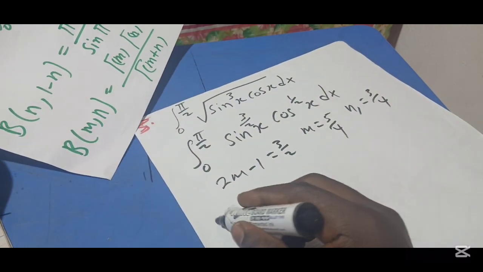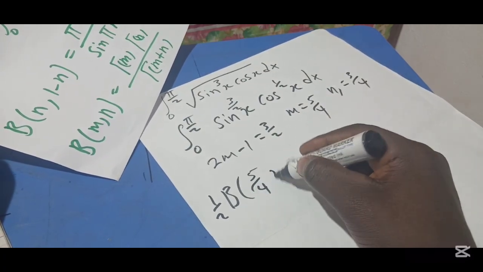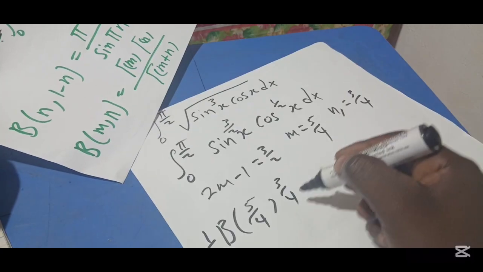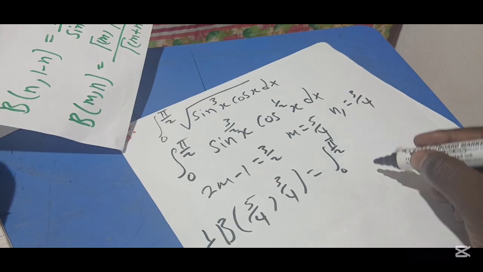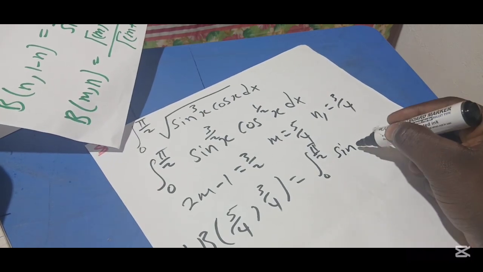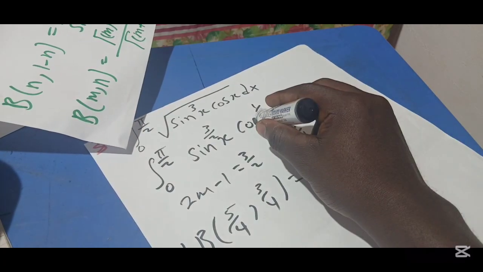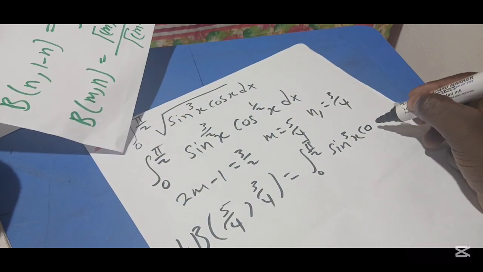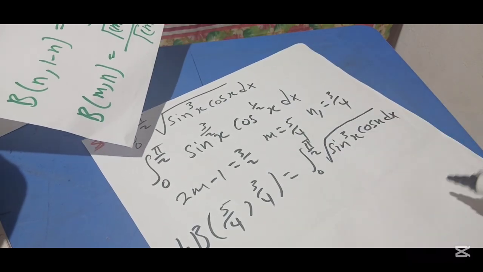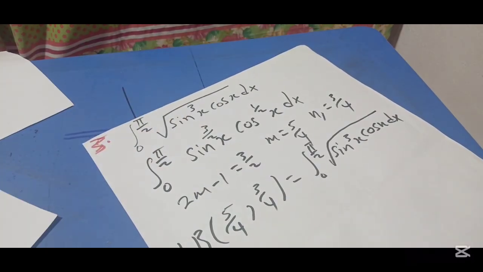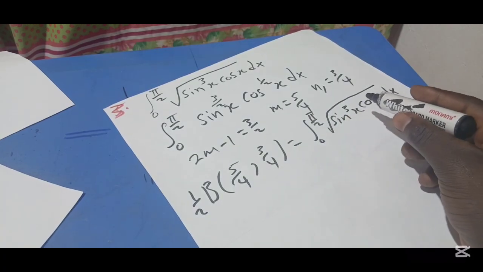So this tells us that half beta of m, which is 5 on 4, and n, which is 3 on 4, should be equal to the integral from 0 to pi on 2 of sine to the power 3 x, you can write it either in the simplified form or how it was given, cos x dx, all under the square root. So now we are going to evaluate this, and whatever we get will be the solution for this, right?